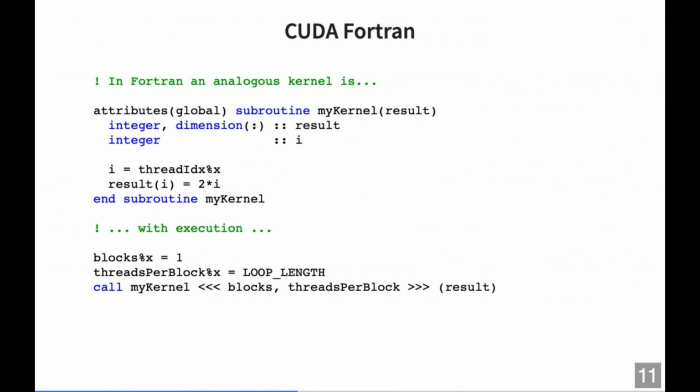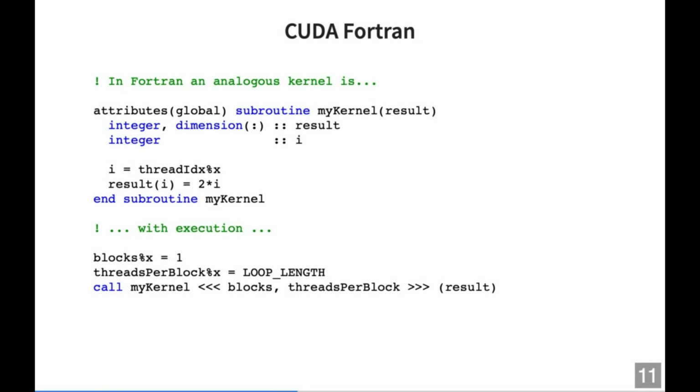Okay, for those of you who might be interested in Fortran, the analogous code will look like this. You declare a subroutine in Fortran, but you put before it this special CUDA Fortran extension, which is attributes global, to declare that this is a kernel to be executed on the device.